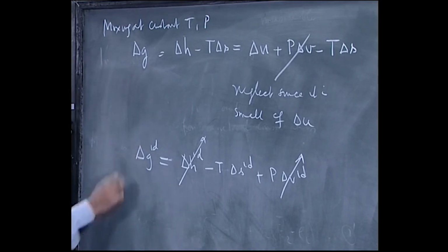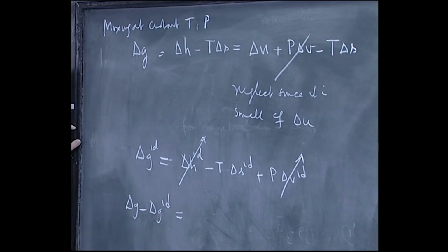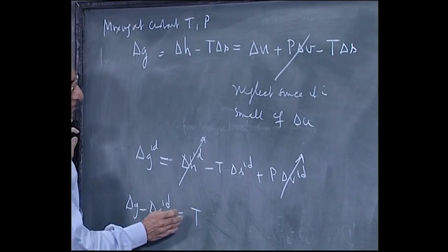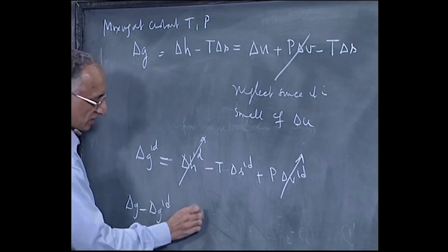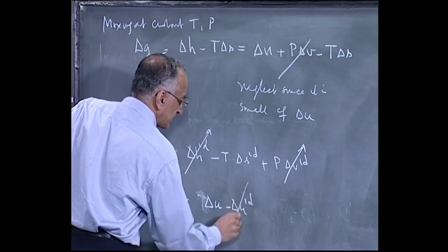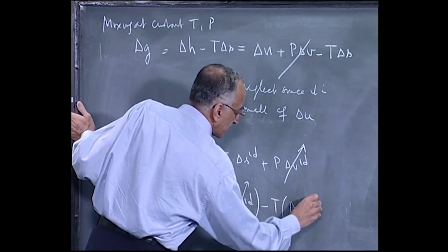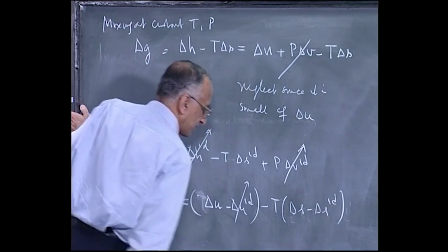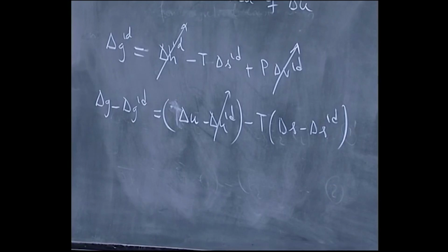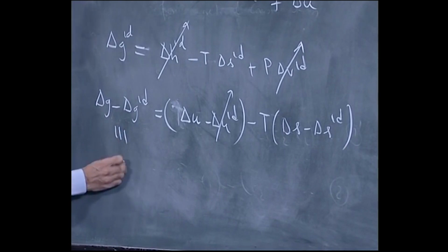So this difference, delta G minus delta G ideal, is equal to delta U minus delta U ideal, but this is actually 0, minus T times the difference in delta S. This is written identically as G excess.